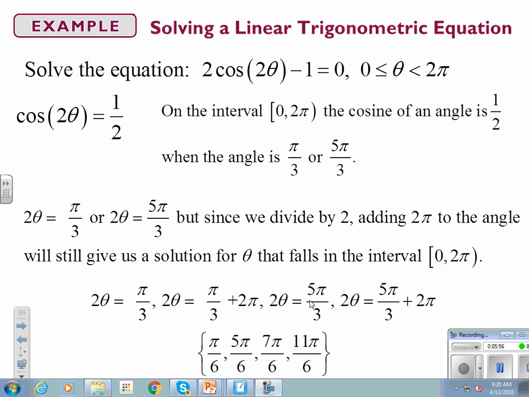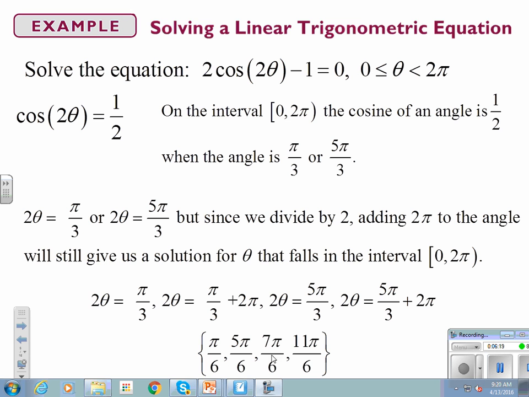So the answers are pi over 6, because pi over 3 divided by 2 is pi over 6. Pi over 3 plus 2 pi is 7 pi over 3, and then you divide that by 2, it's 7 pi over 6.